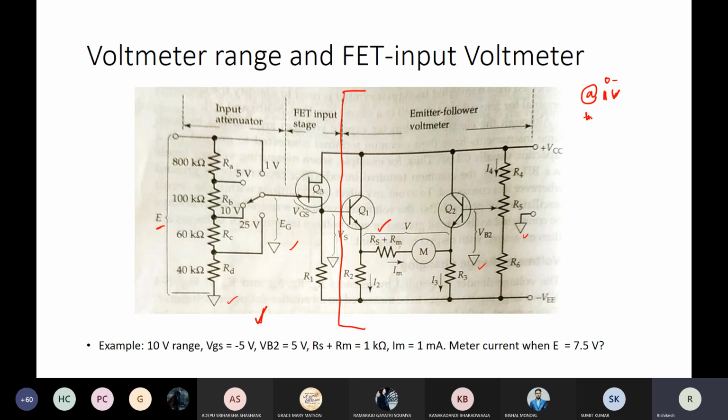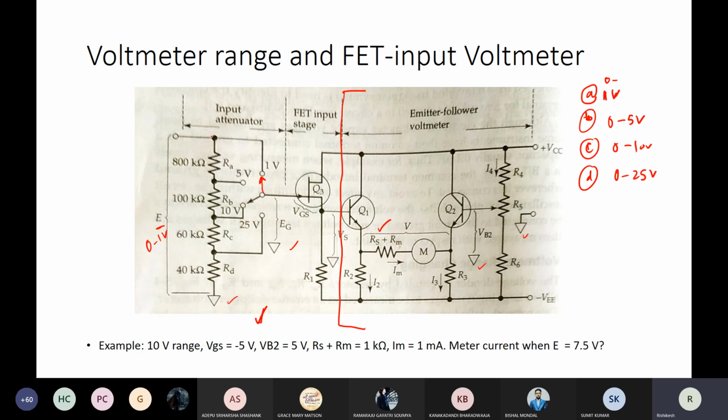At the second position, it is 0 to 5 volts, then 0 to 10 volts, and 0 to 25 volts. These are the different ranges you can select by choosing one of the switch positions, right? So when it is at this position, the range is 0 to 1 volt.